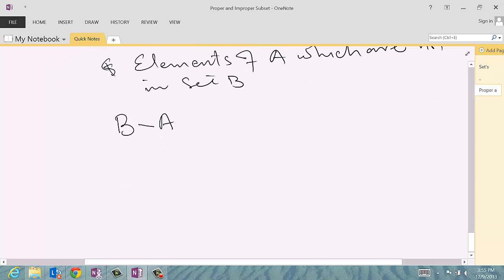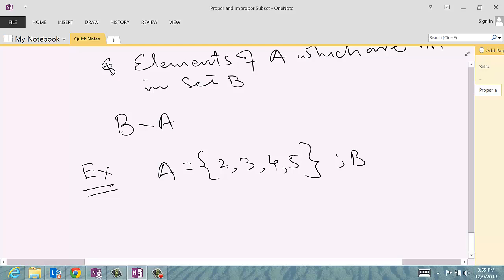So if we take an example, like A equal to {2, 3, 4, 5}, and we take another set B equal to {3, 5, 11, 15}, then what would be A minus B?